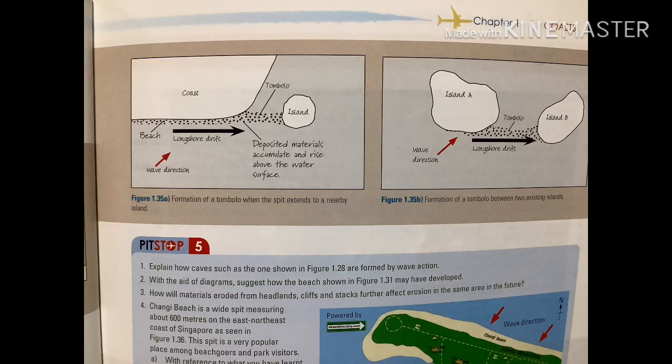So this interconnecting sediment bar that is out in the ocean, that used to be part of a spit, when it connects with the island or another part of the land, is now termed a tombolo. Now structurally and in terms of composition, the tombolo and the spit are exactly the same. The only difference is whether it connects to another piece of land or an island on its own. The moment it does so, you cannot term it a spit, it becomes a tombolo.